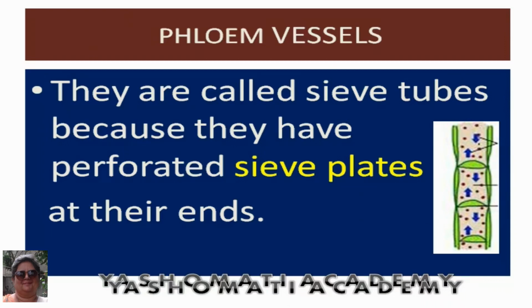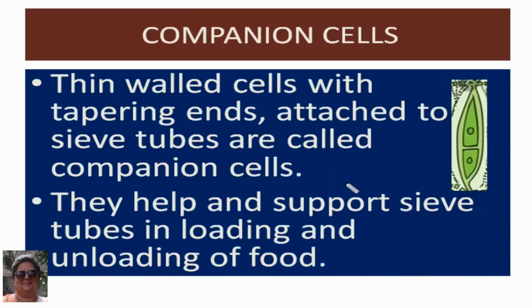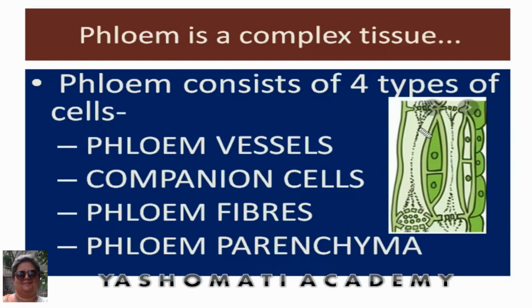The second type of cells which are present are called the companion cells. These are thin walled cells. So their wall is very thin, they are living cells and they have tapering ends. So they are pointed at the ends, attached with the sieve tube, and they are called companion cells. In this figure you can see that this was the phloem vessel and these are the cells which are attached to them.